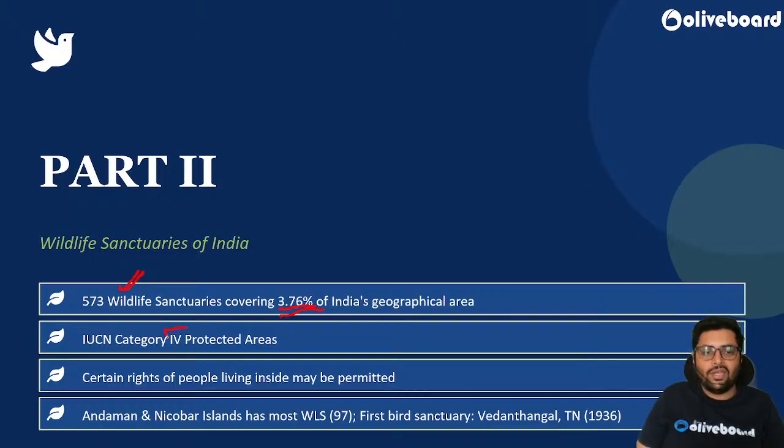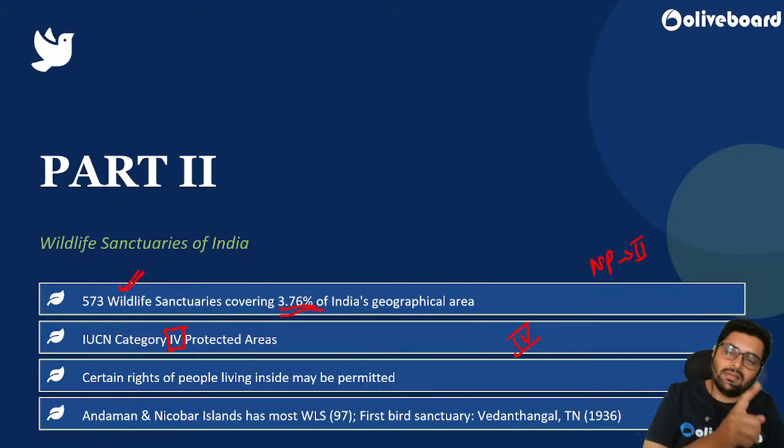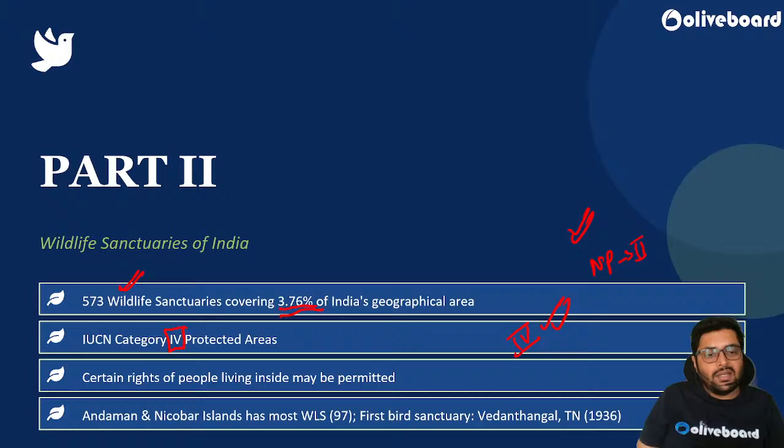Now, have a look here. Category 4. What was the national parks category? It was 2. This is why I told you that time to pay attention to that category. So national park is category 2, and wildlife sanctuary is IUCN 4.